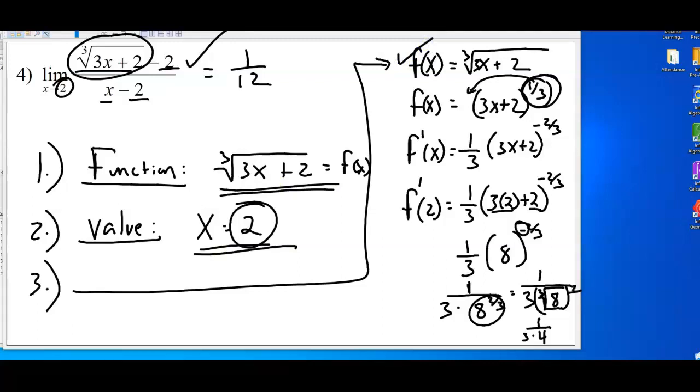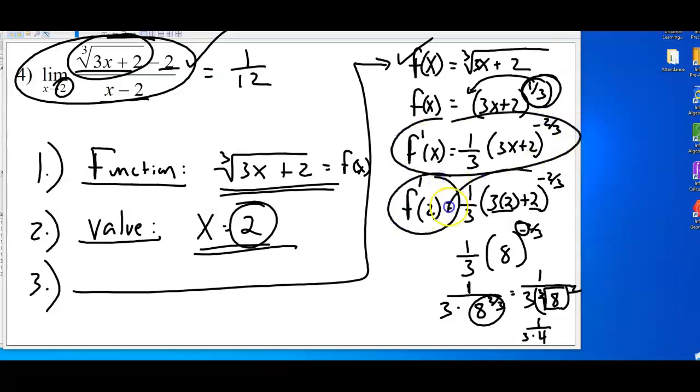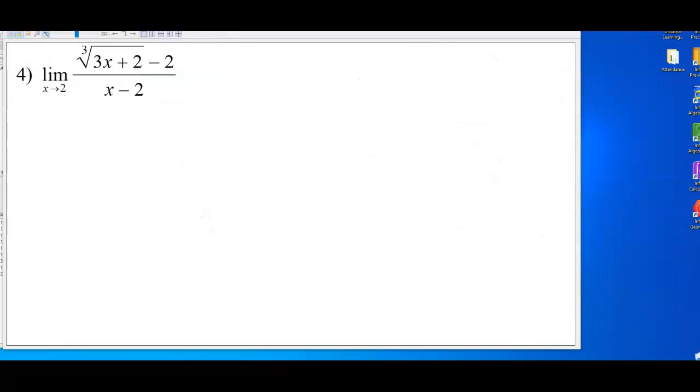I've seen the question asked a lot on the AP exam where they'll say, this limit is equivalent to which of the following? And it'll just give you a whole bunch of different expressions. It could give you this, it could give you this or this. So the point is that if you can work your way up to that, then you're demonstrating that you know that that represents a derivative and of a specific function.